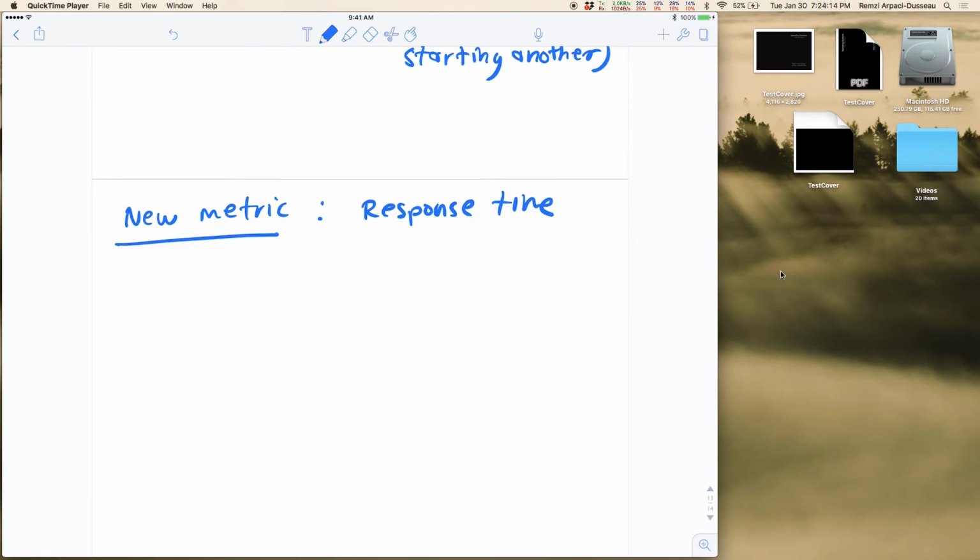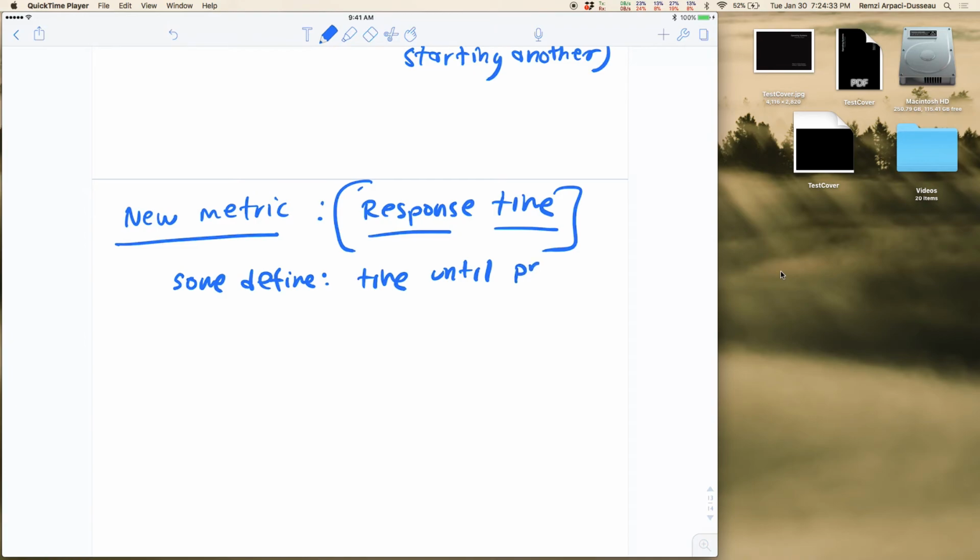Okay, so nobody has ever sent me a mail like that. But if you did, what I would tell you is that there are other metrics other than turnaround time, and one of those metrics is response time, and that we define it maybe a little differently than some. Some define it as the time until the process generates a response of some kind, like it prints a message or something.